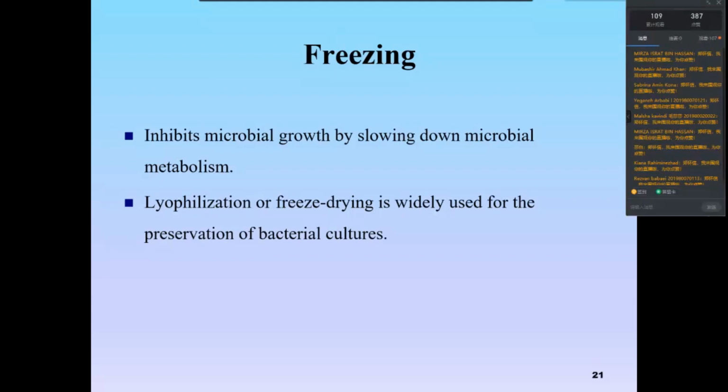At that temperature, it will be frozen. You can slow down the microbial metabolism, and by slowing down the metabolism, you can inhibit the microbial growth. So this is a way that we can inhibit the bacteria from growing.